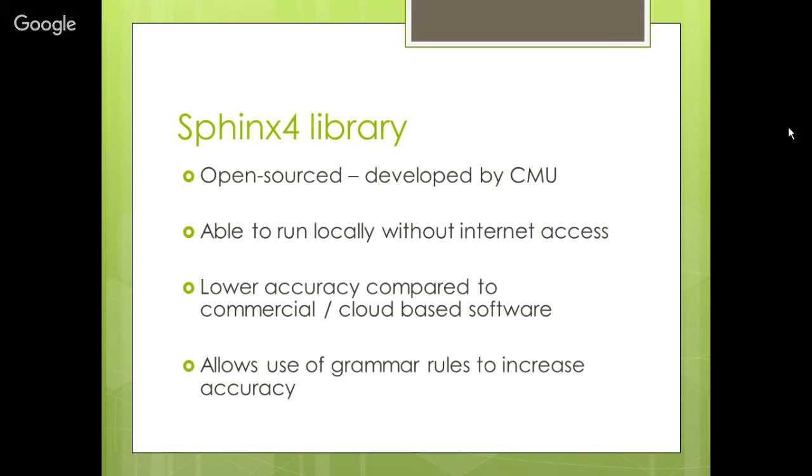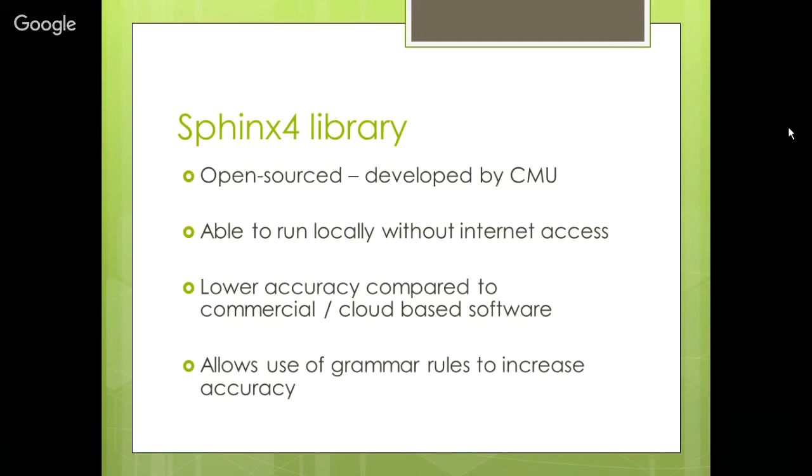The thing I really like about it is that it's able to run locally on a machine without needing to access the internet, as opposed to other libraries like the Google Speech API, which are cloud-based, and you have to have internet access in order to process requests. So it's really nice in that sense, but the downside is it has lower accuracy compared to commercial software or even cloud-based speech recognition libraries.